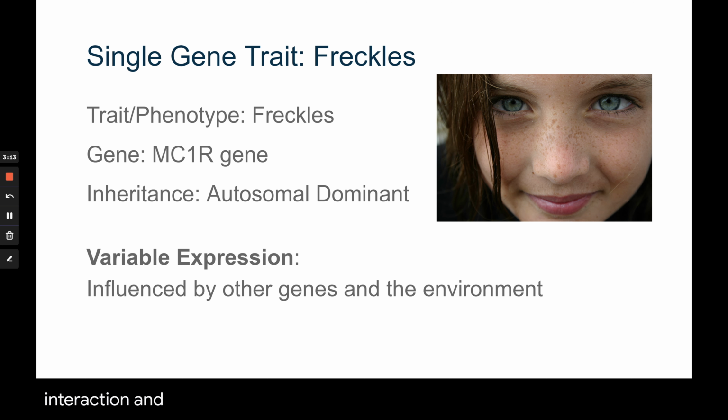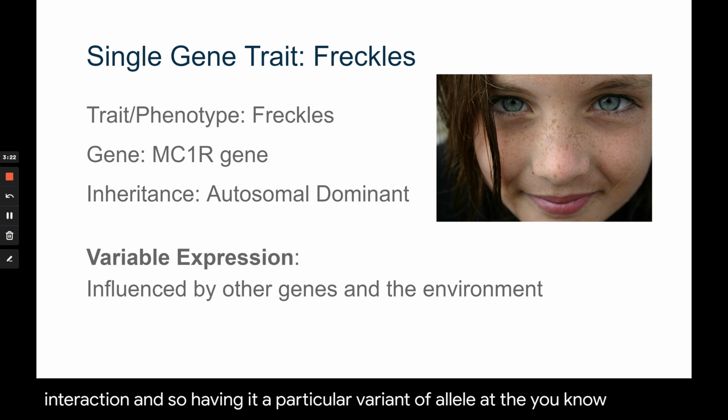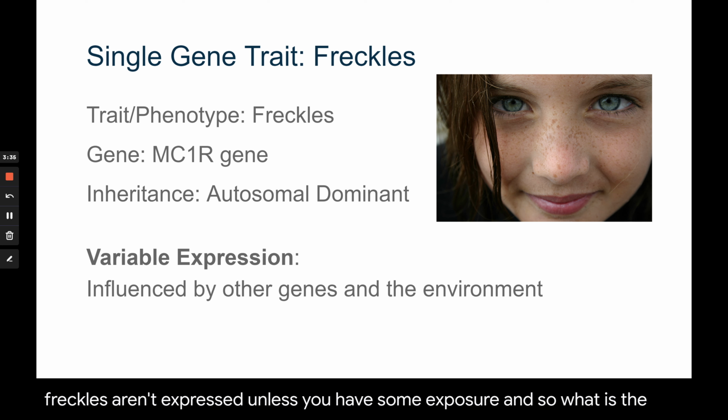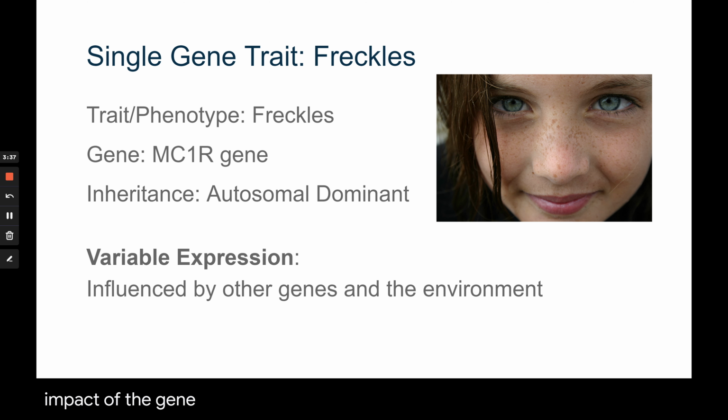And so having a particular variant or allele at the location of this gene, what is the impact on phenotype? Well, it depends, because actually freckles aren't expressed unless you have sun exposure. And so what is the impact of the gene, of the mutation, of the variant?